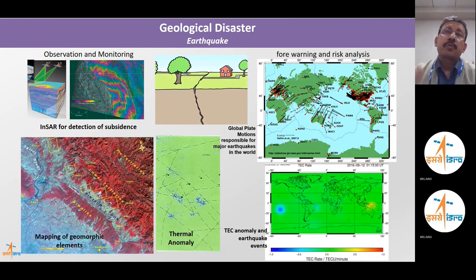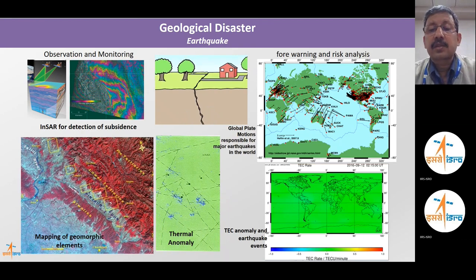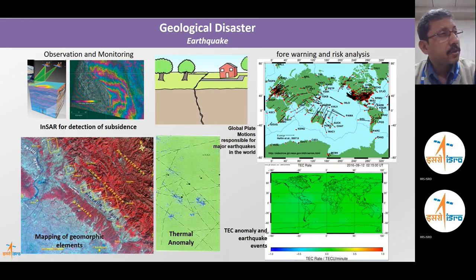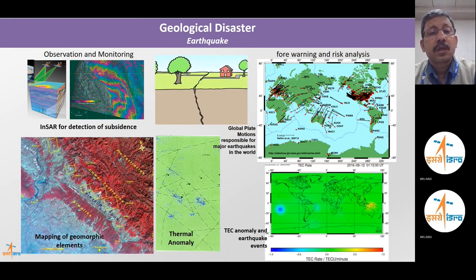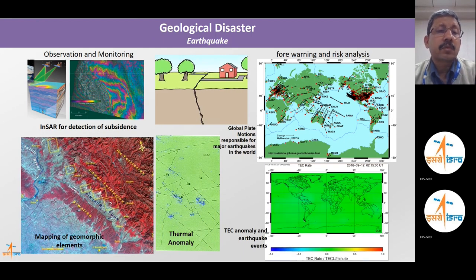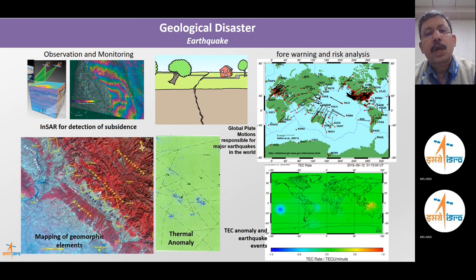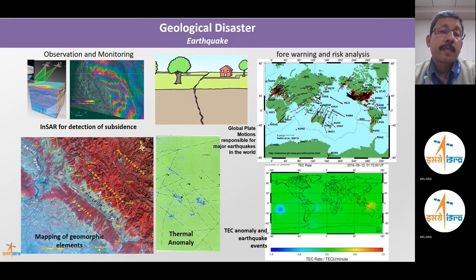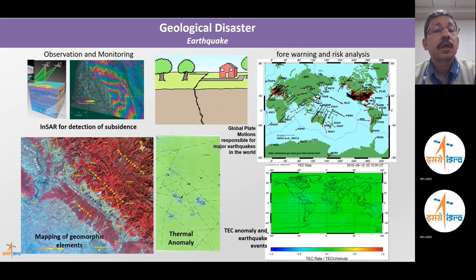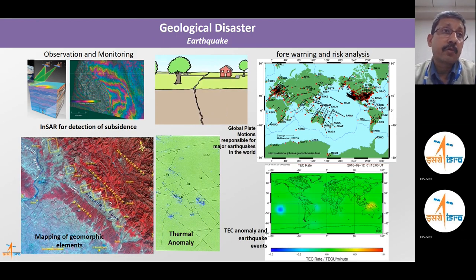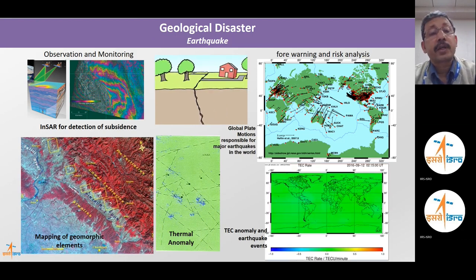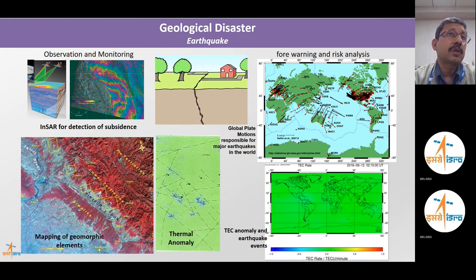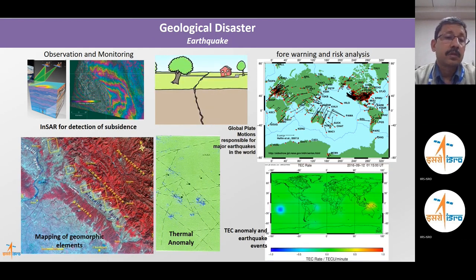So we'll go one by one through the various disasters which are observed. We start with a geological disaster, and one of the most spectacular geological disasters is earthquake. Here, remote sensing plays a very important role. I would say not just remote sensing, but space technology. We have the observation and monitoring, wherein using advanced tools like interferometric SAR, we can detect the subsidence or the changes on the Earth's surface as a result of the earthquake.